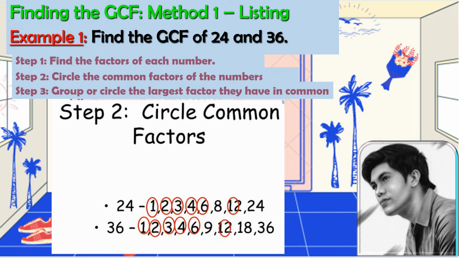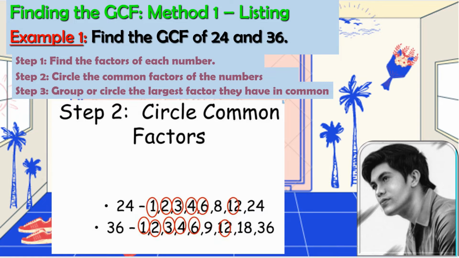Bilugan din yan. What else? 3. Mayroong 3 sa 24, mayroon din 3 sa 36. Bilugan din yan. 4. Mayroon ding factor na 4 ang 24, mayroon din ang 36. Bilugan din yan. 6, meron din. And 12, meron din.